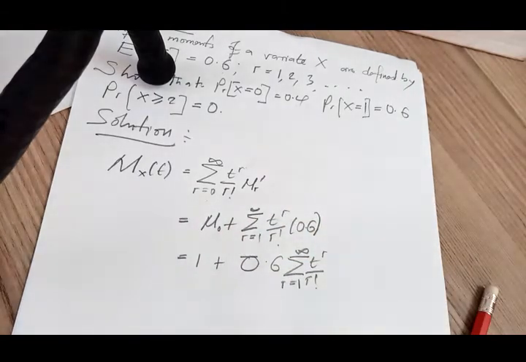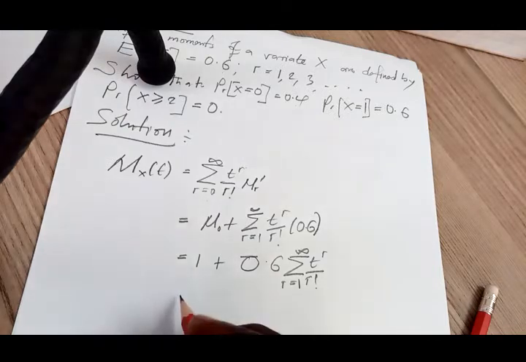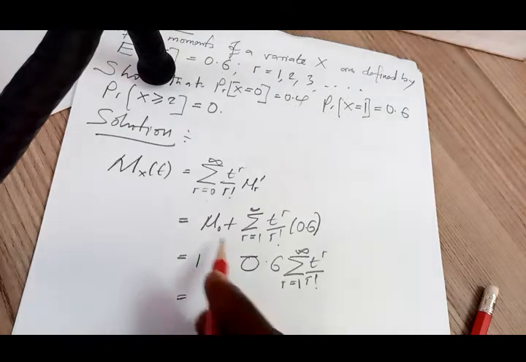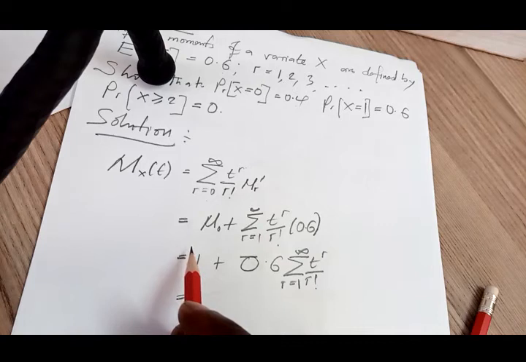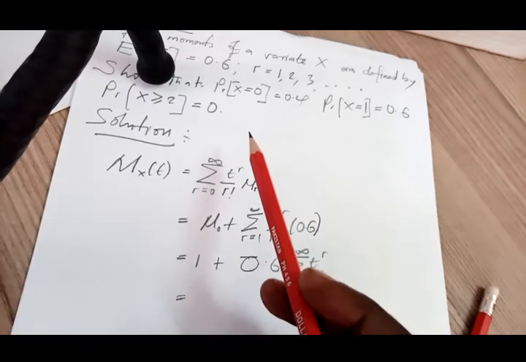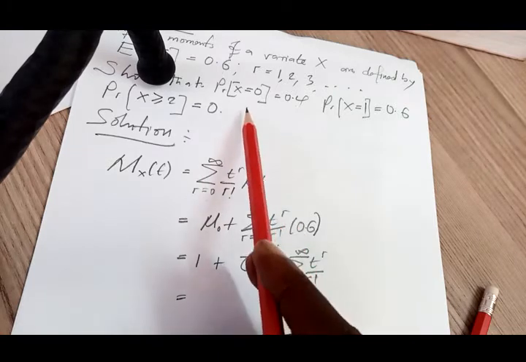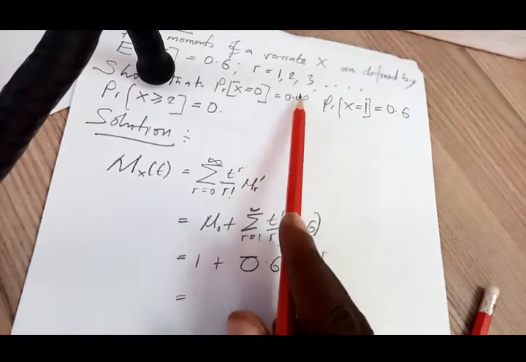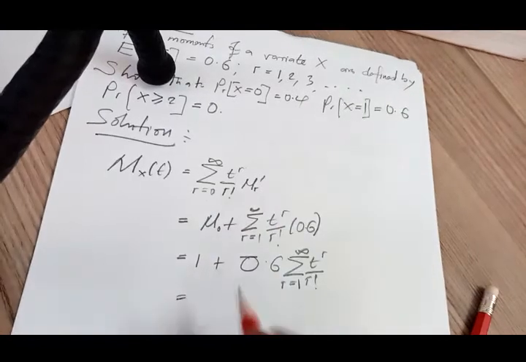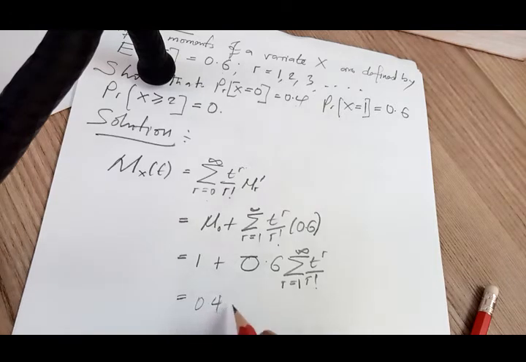Now, if you look at the results that we have here, if the value of x is equal to 0, then the probability that we should have is 0.4, because the probability at the origin is 0.4.